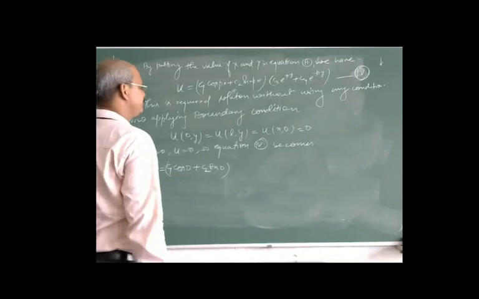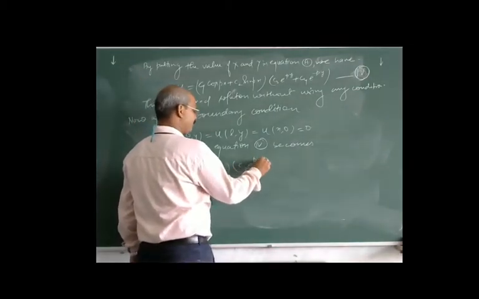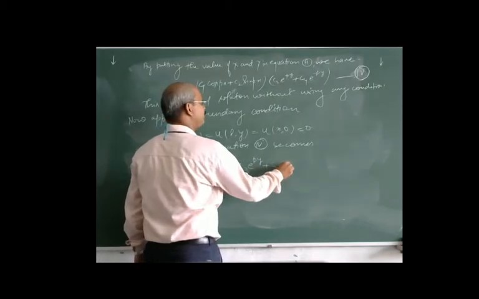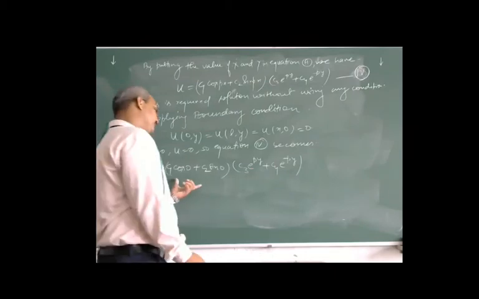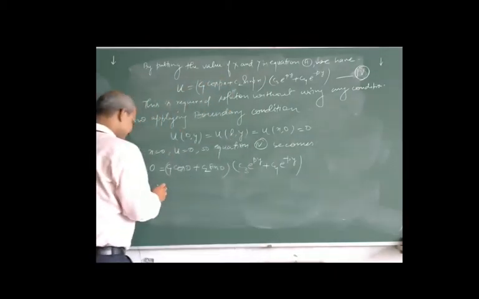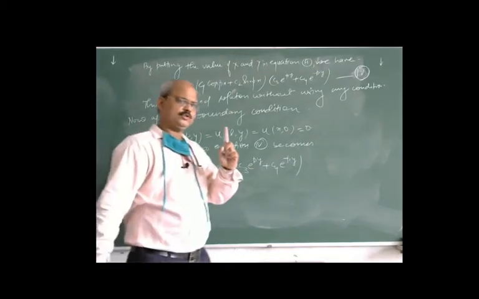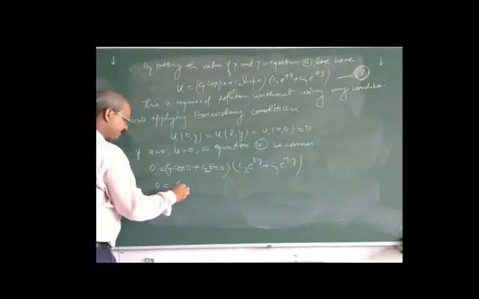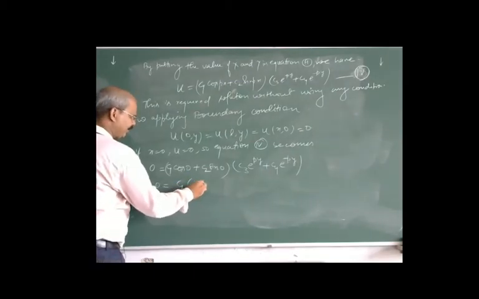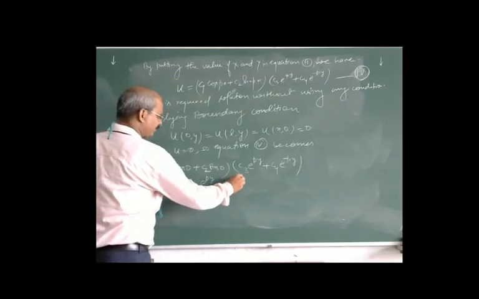Okay, students. So now C3 e to the power py plus C4 e to the power minus py. Then from here it becomes 0. Cos 0 is 1, you know very well, and sin 0 is 0. So this becomes C1 into C3 e to the power py plus C4 e to the power minus py.